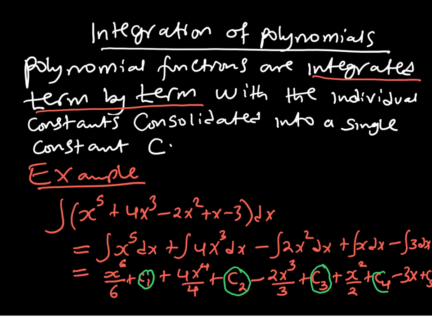They are all constants, and they add up together into a single constant. So instead of adding individual constants to each term, we integrate the terms and at the end add a single constant c. I hope this point is understood. I'll give one or two examples, because integrating polynomial functions is the same as integrating powers of x. There is nothing new here.